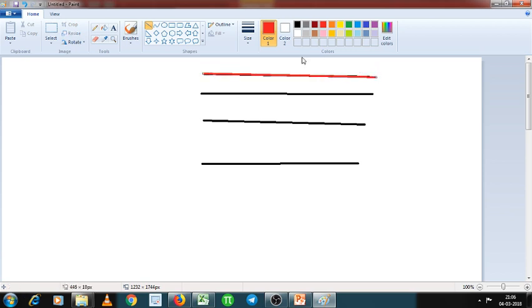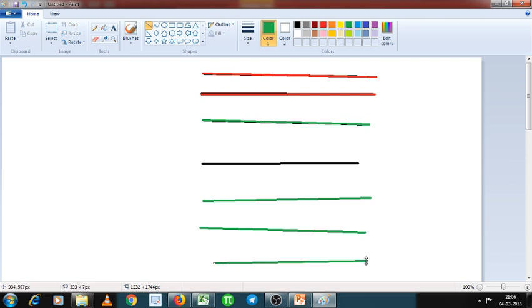The ones in red denote your resistance, whereas the lines in green denote your support levels. This black line is actually the pivot point.